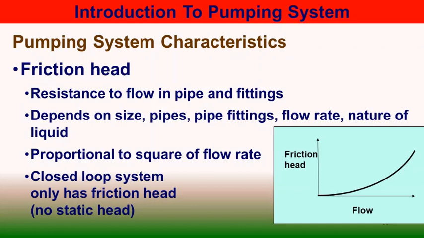It is proportional to the square of the flow rate, and a closed loop circulating system only exhibits friction head. There is no static head.